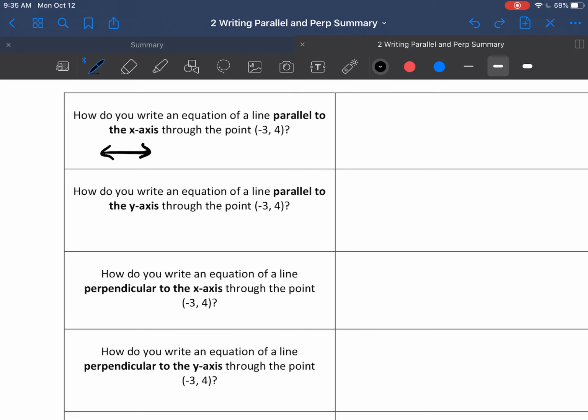Okay, and so parallel to that would also look like this. And so they're giving me a point, and so over here, I'm going to plot that point at -3, 4.